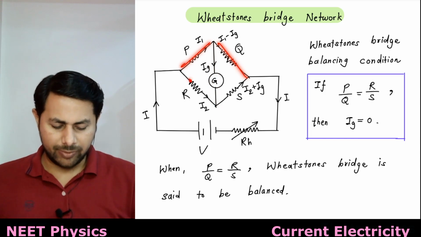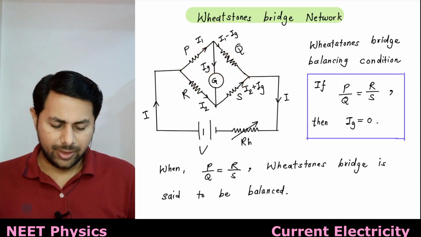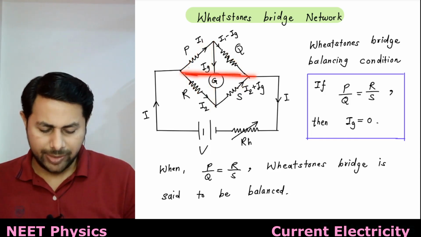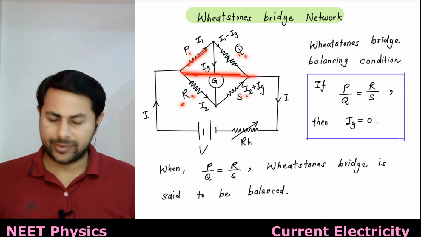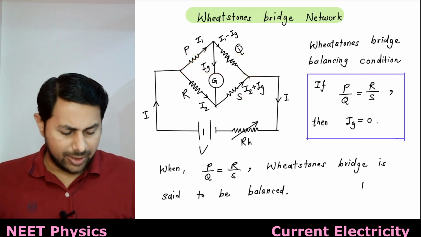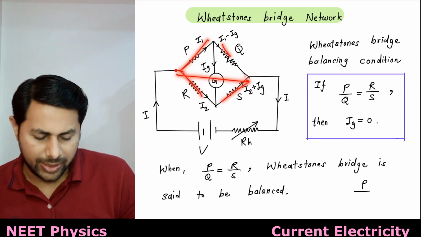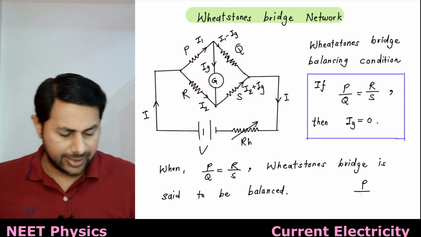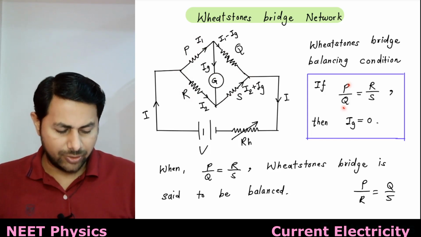P by Q is equal to R by S. If you connect the galvanometer instead in this branch, then it should be P by R is equal to Q by S. It's the same thing as P by Q is equal to R by S.